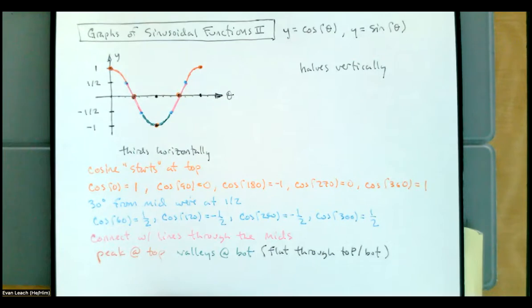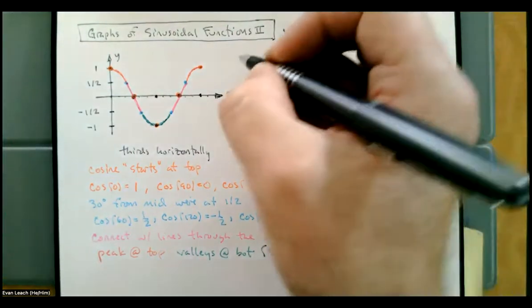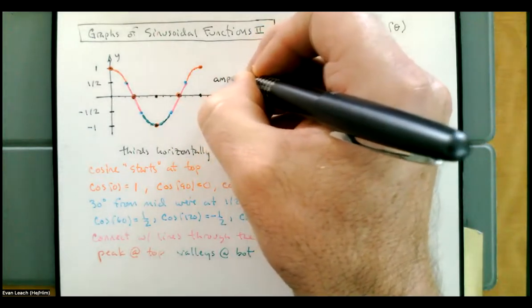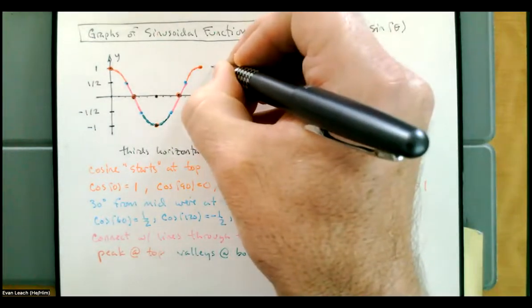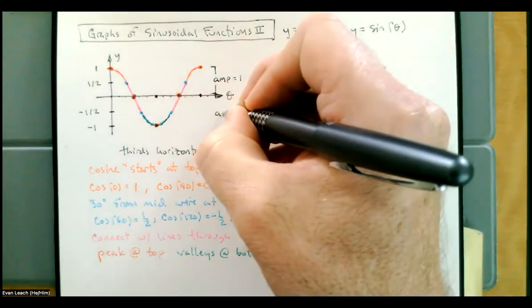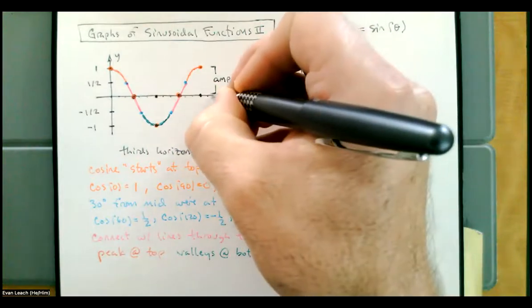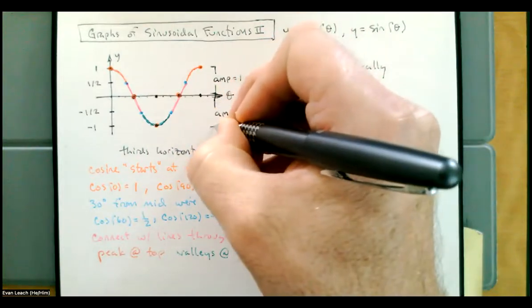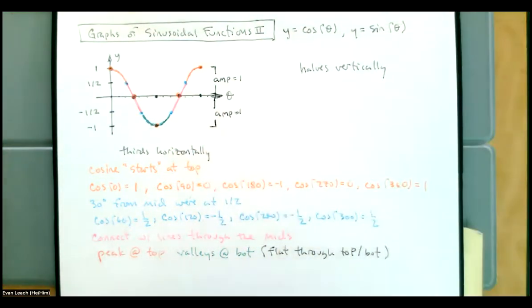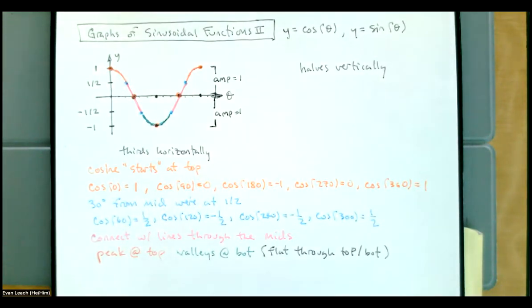Our top, middle, and bottom, that we're just using our default amplitude of 1. So our default amplitude is 1. And the amplitude is the distance from the top to the middle, or from the middle to the bottom. The default for y equals cosine theta and y equals sine theta, the amplitude is 1.